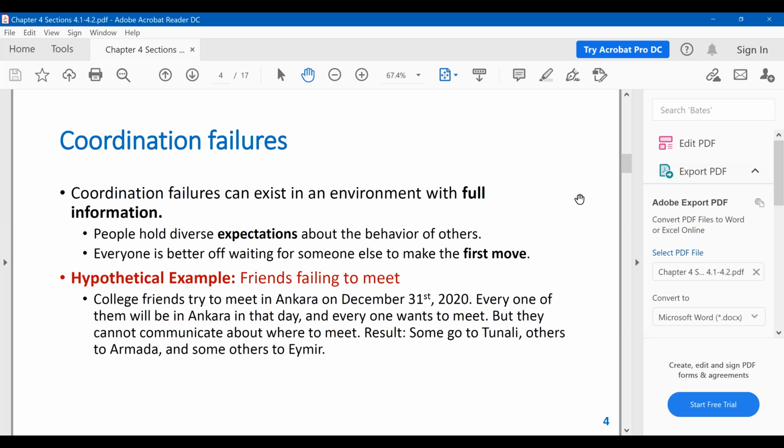Some people could be optimists, some people could be pessimists, some people could have more knowledge, some people could have less knowledge, things like that. So if expectations differ, and here I'm talking about expectations, not price expectations. Here we are talking about expectations with respect to what others will do, right?